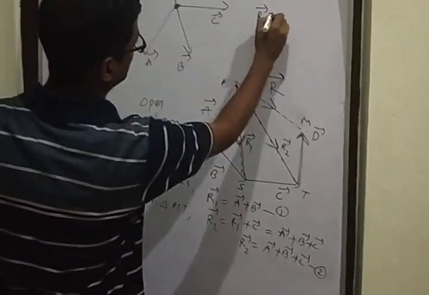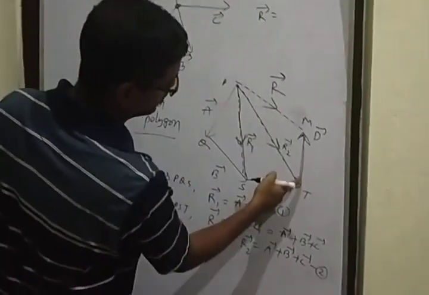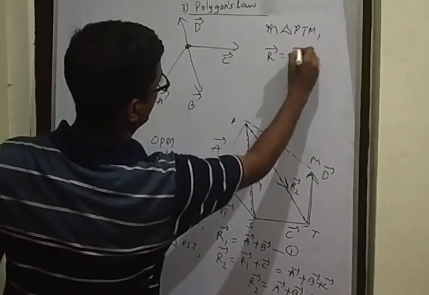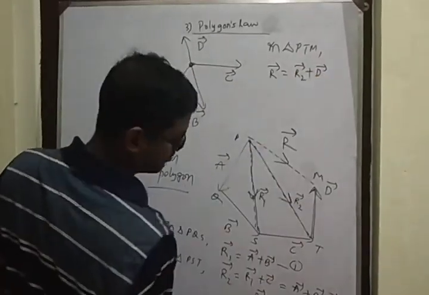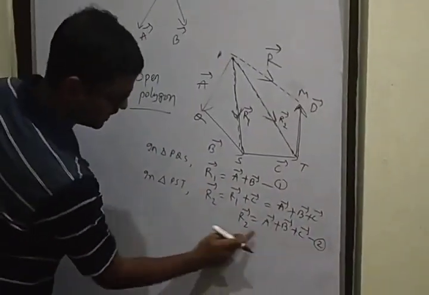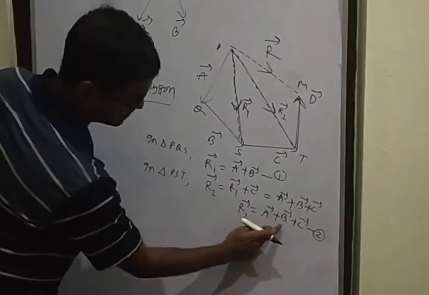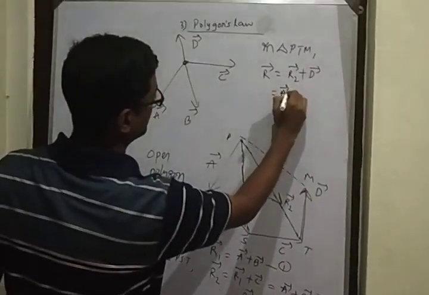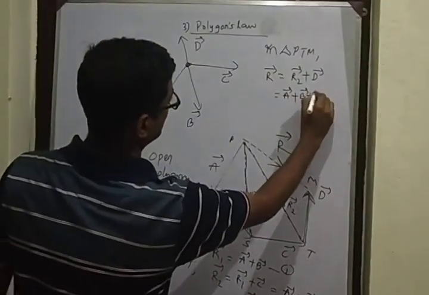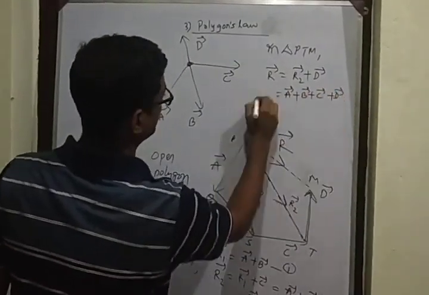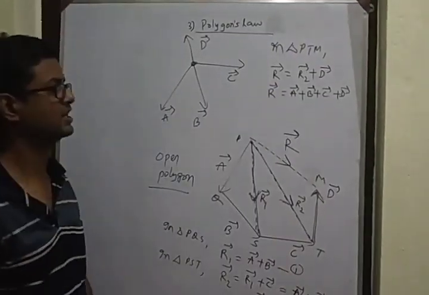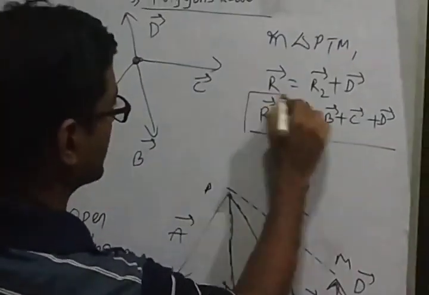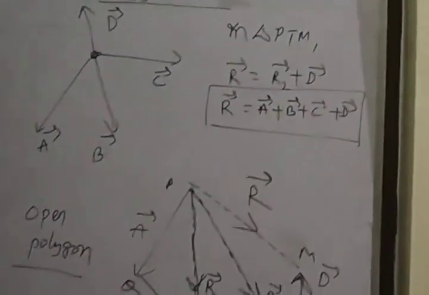So using triangle's law, R vector equals R2 vector plus D vector. From equation 2, I have already found R2 vector equal to A plus B plus C. I can use this over here: A vector plus B vector plus C vector plus D vector. So my R vector is A vector plus B vector plus C vector plus D vector.